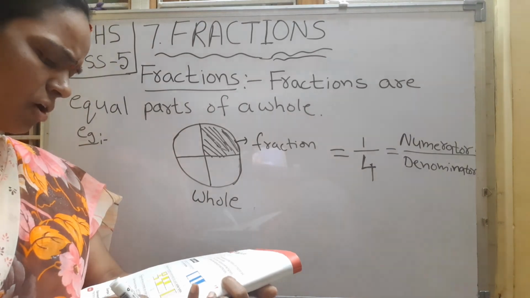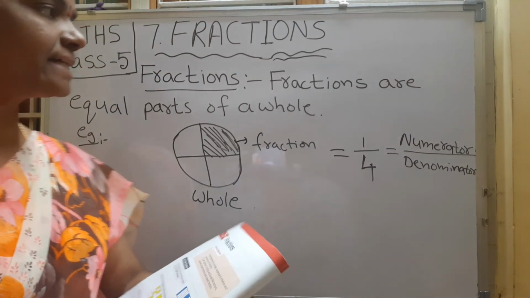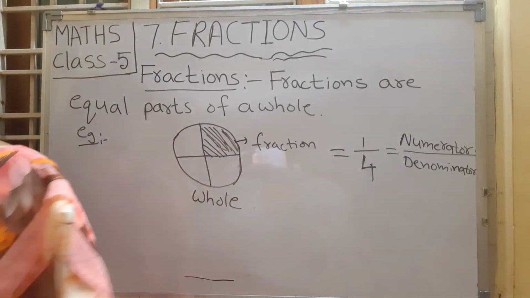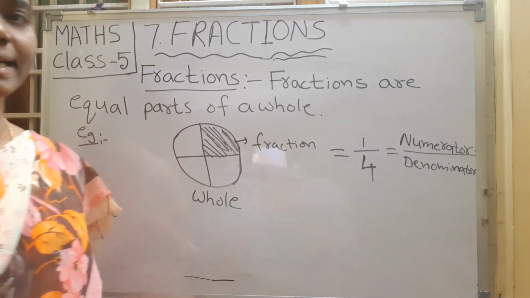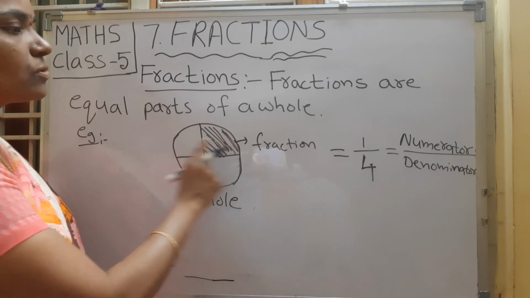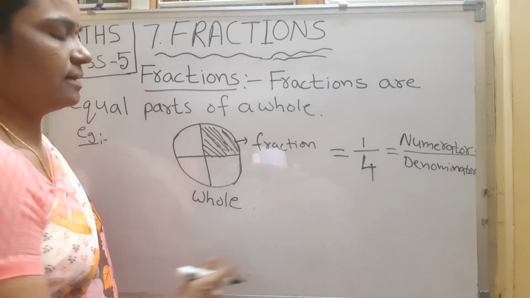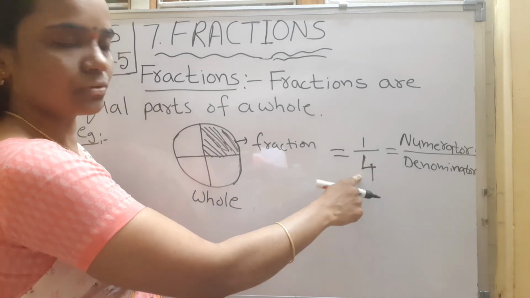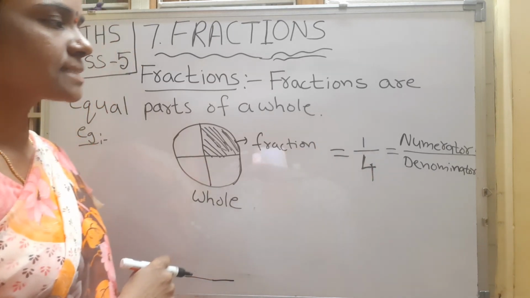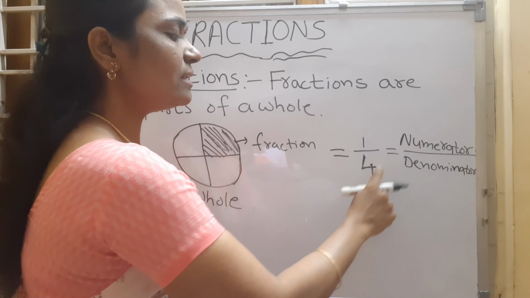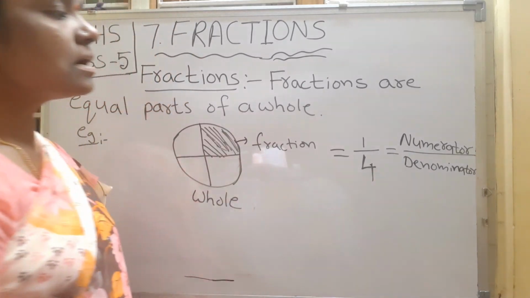Numerator, denominator. Numerator and denominator. So here 1 is the numerator, 4 is the denominator. Out of 4 only one part is colored, so 1 by 4. Total there are 4, out of 4 only one part is colored. So numerator is 1, denominator is 4.